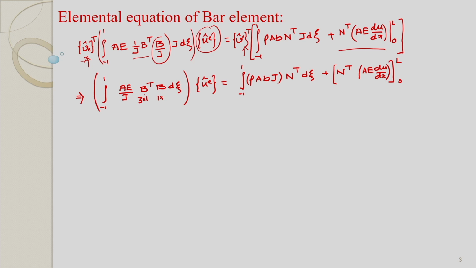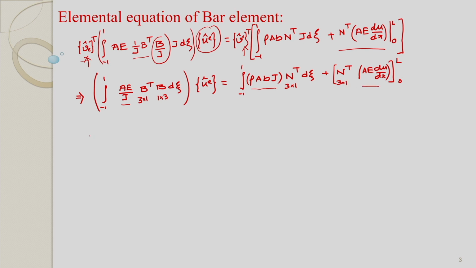So B transpose is 3 cross 1, B is 1 cross 3, these are all scalar, this is 3 cross 1, this is 3 cross 1, this is scalar.